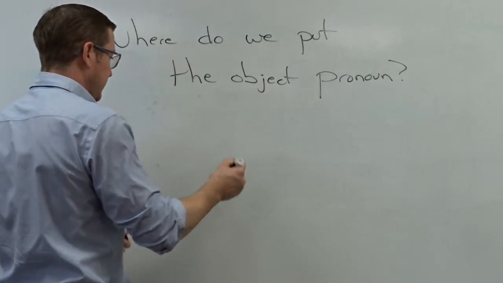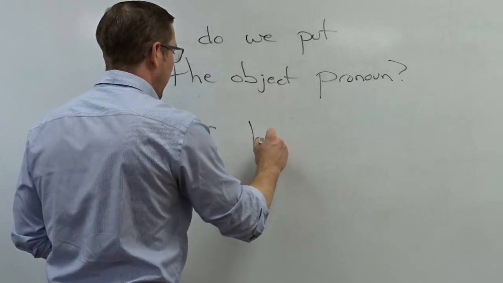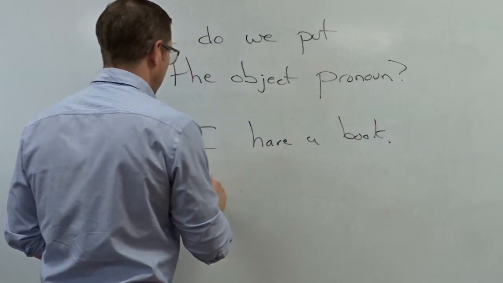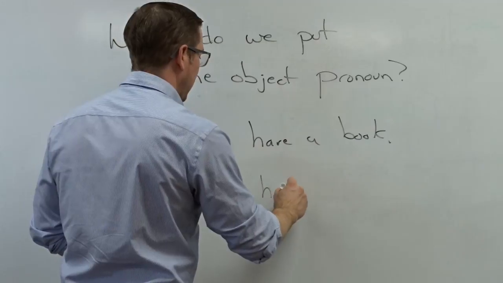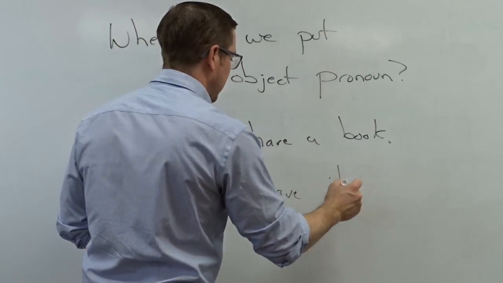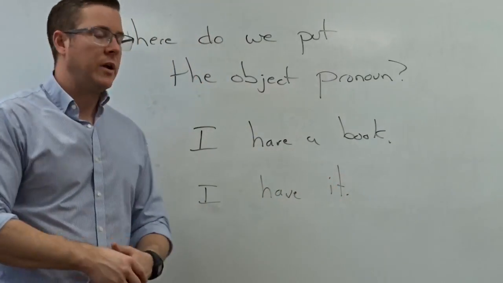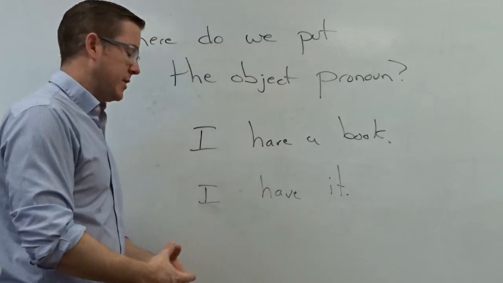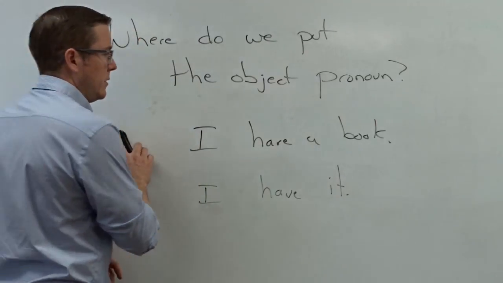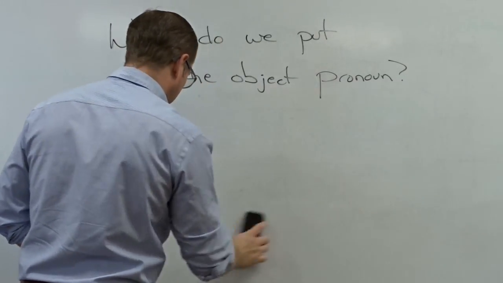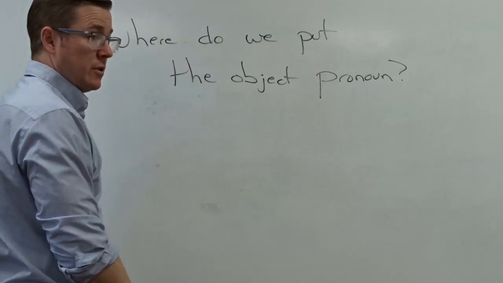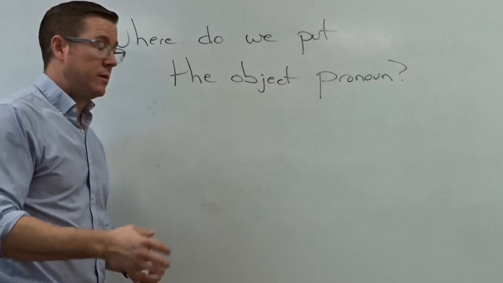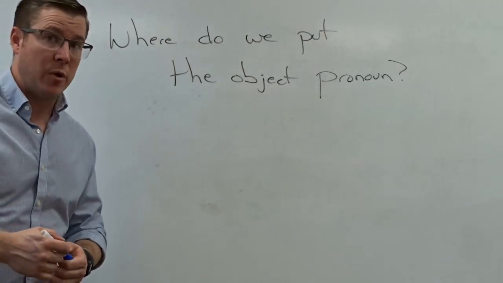For example, I have a book, or I have it. Okay, so it's different in Spanish. We have a different syntax for this grammatical point. We follow different syntactical rules. So what I want to show you now is where you're going to put the object pronoun.